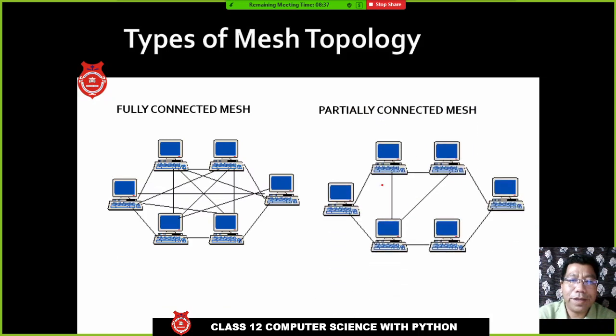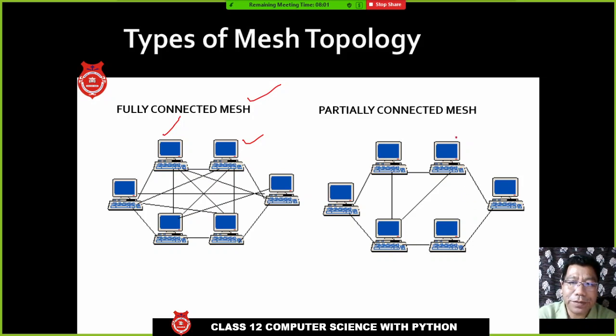In mesh topology, we have fully connected mesh where all the computers are connected to each other. As you can see here, this computer is connected to all other computers in the network. Same as this computer is also connected to all other computers in the network. So this is fully mesh topology, and this is partially mesh, where there are many lines of connection between them, but it is not fully connected.